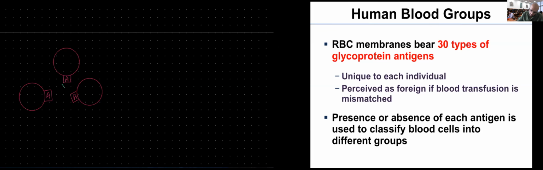My immune system will recognize the non-self antigen, which is antigen A. I don't have antigen A on the surface of my cells. And I will start to produce immunoglobulins that will be binding to the antigen like this.